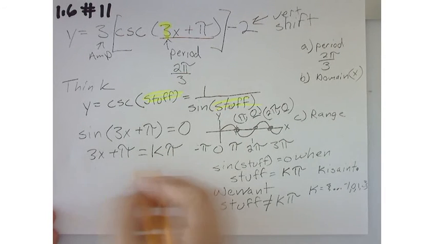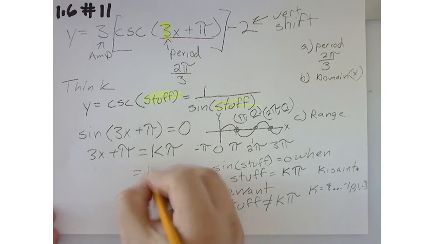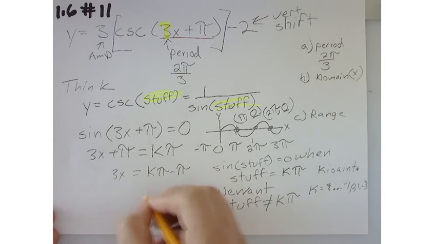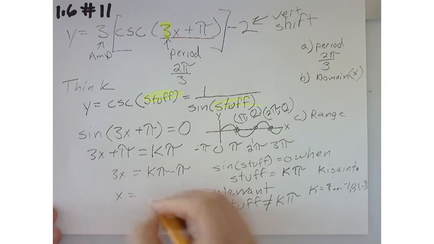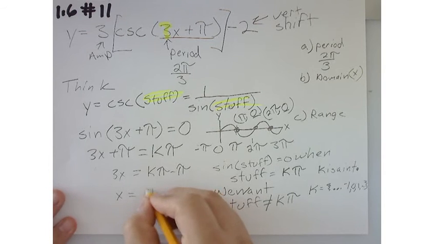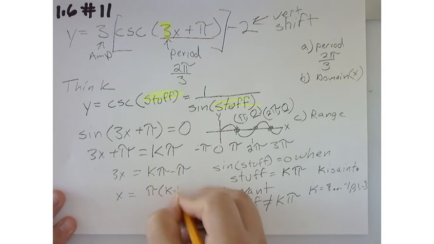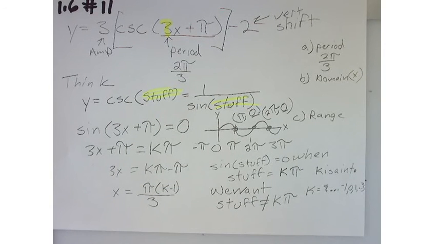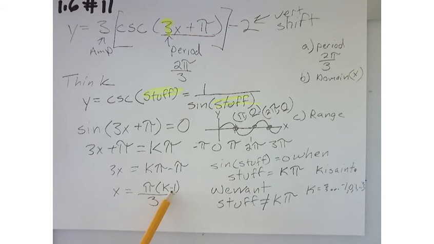So if I subtract pi from both sides, I get k pi minus pi is equal to 3x. Divide everything by 3, and if I factor out the pi, I get pi times the quantity k minus 1 all over 3. But k minus 1 is still an integer, isn't it?